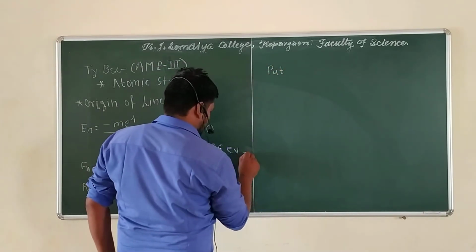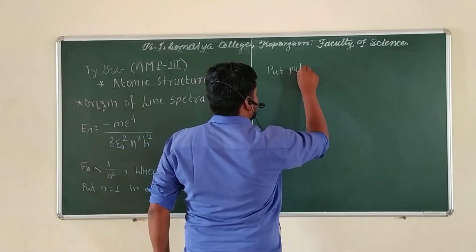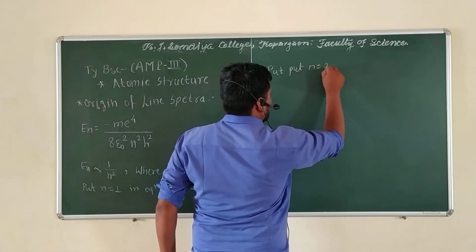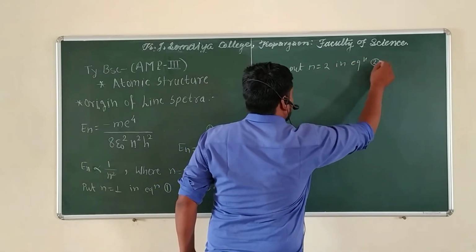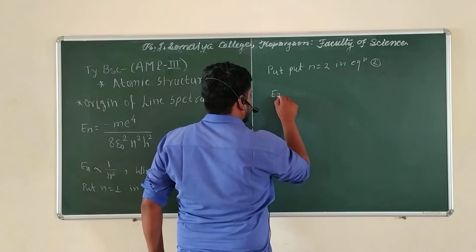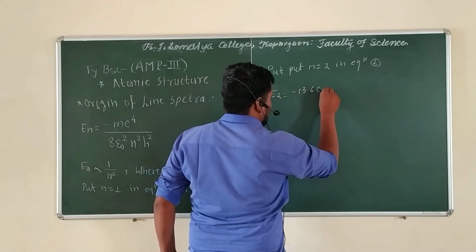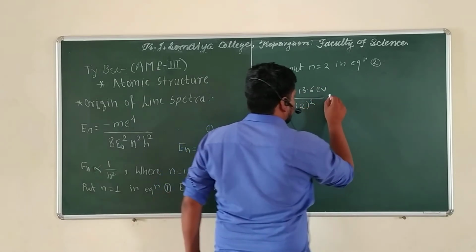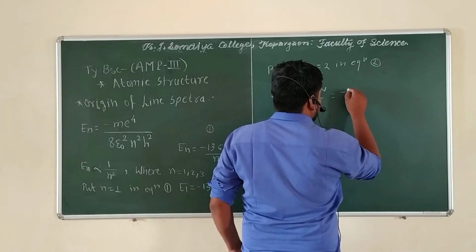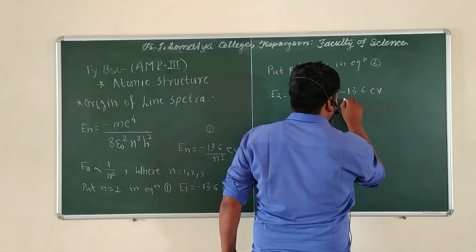Suppose this is formula number 2, and if we put n equal to 2 in equation 2, then E2 is equal to minus 13.6 electron volt divided by 2 square, that is minus 13.6 electron volt divided by 4.